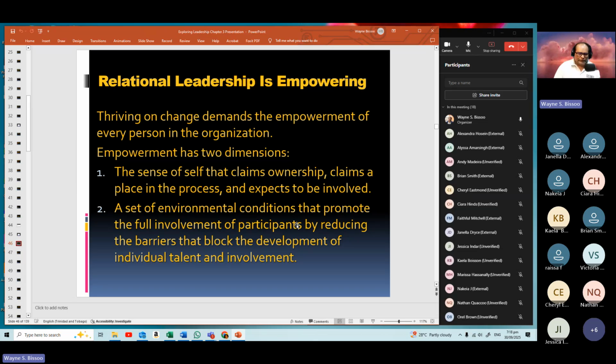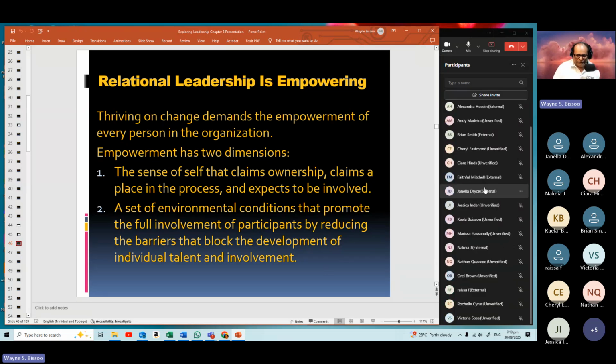It is important, therefore, as a leader, that you exhibit through your own behavior a sense of entitlement to act and to get involved, and help other people in the organization to get involved with what's going on by creating an environment that encourages it. All right, that makes sense?